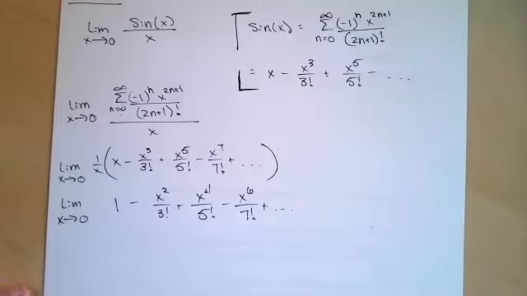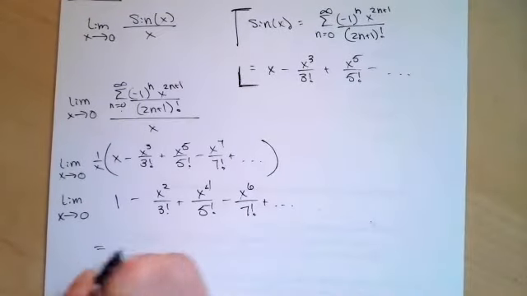All of the terms with an x still in it are going to vanish. And so our limit is just 1. So we can use this method for any sort of functions now that come up.